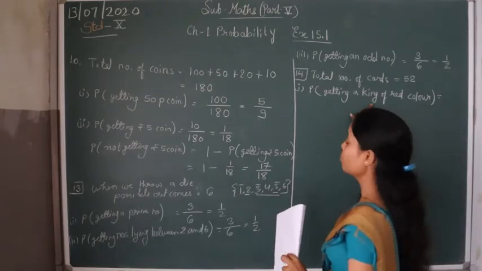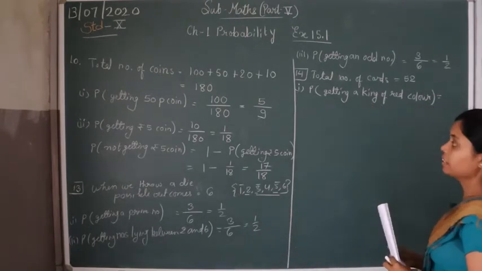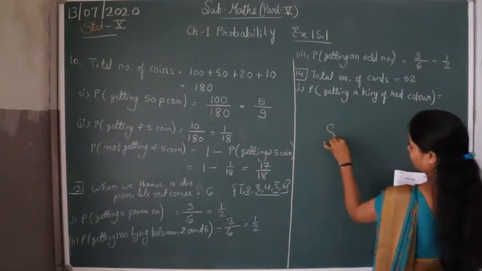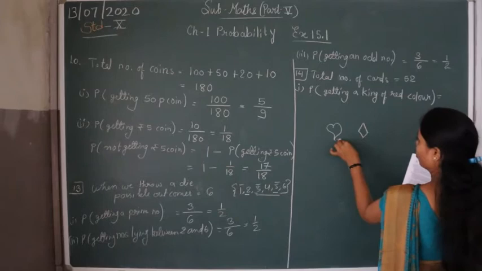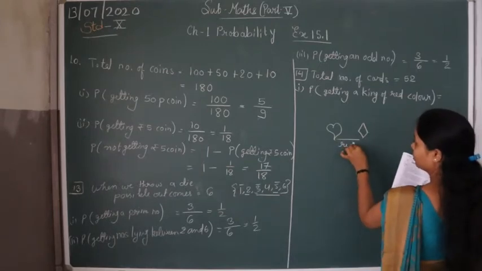Do you know how many kings are in red color cards? Look here. Hearts and diamonds are both red color.